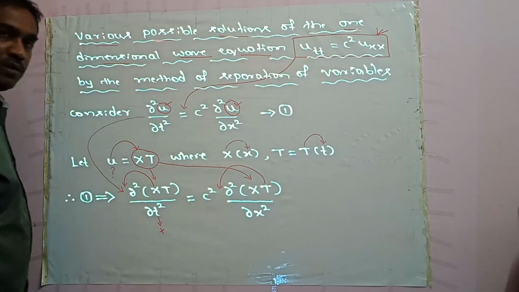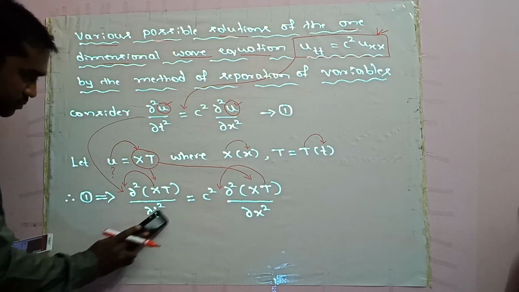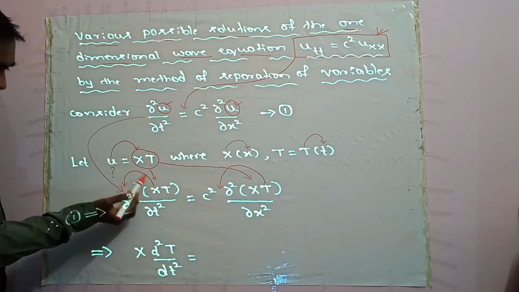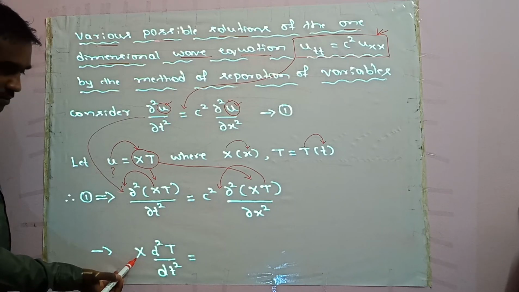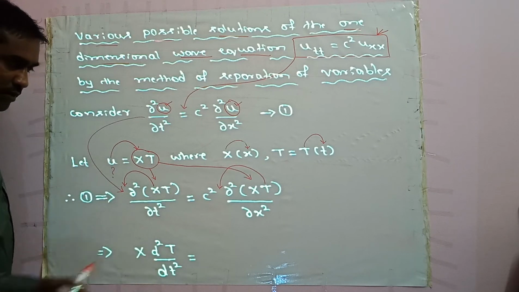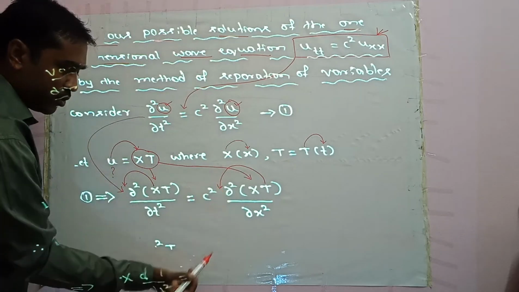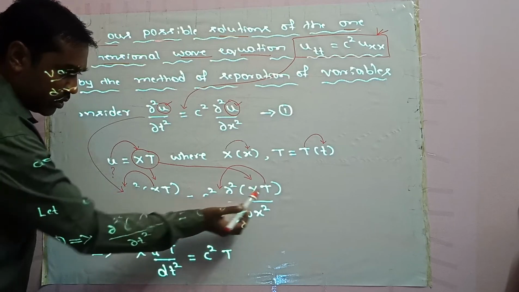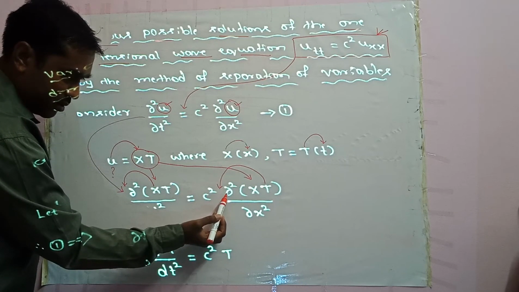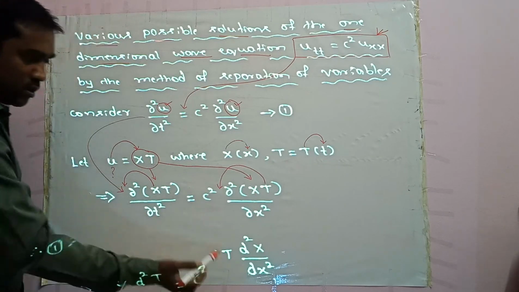So X has been taken out as constant: X ∂²T/∂t² is equal to c² T, and what remains is ∂²X/∂x².